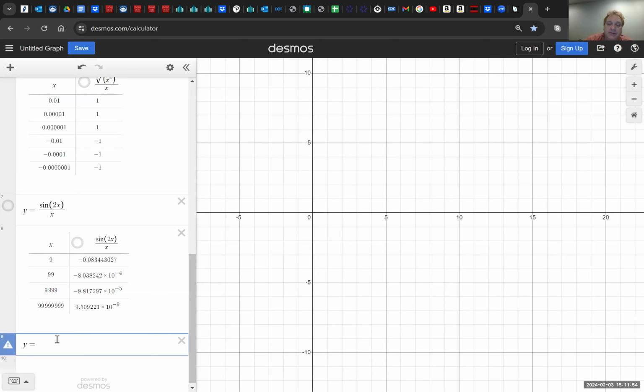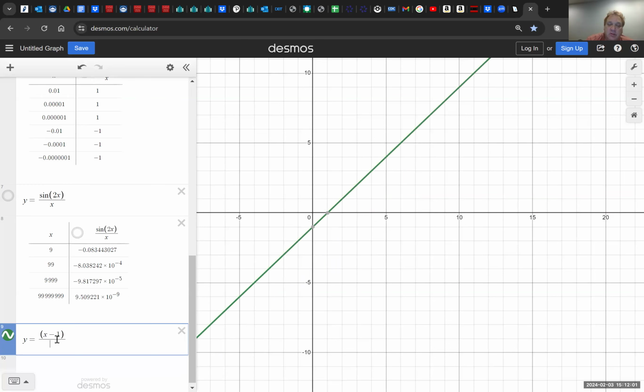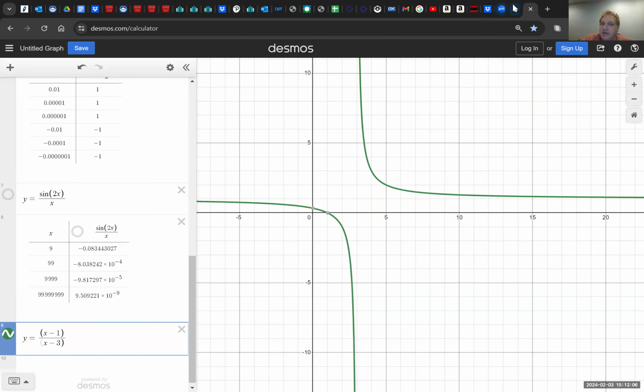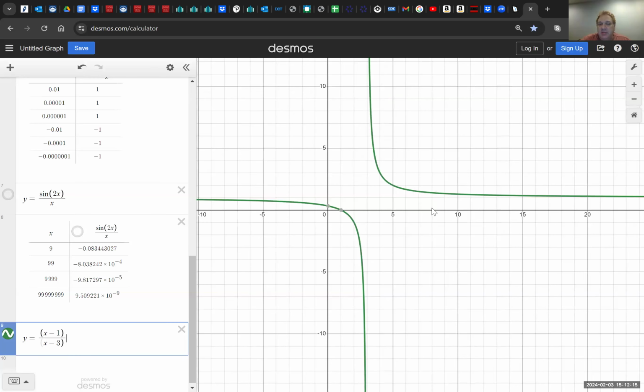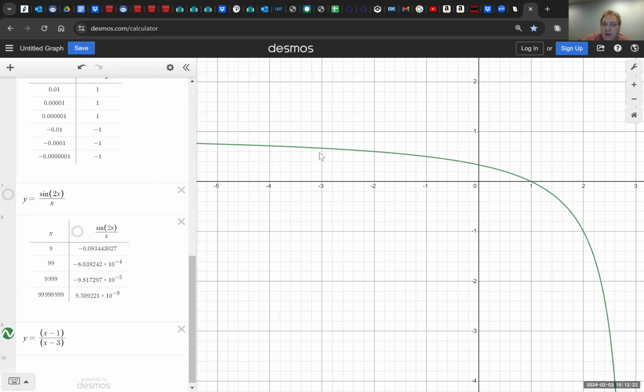Did I remember that correctly? Let me go back and check. x minus 1 over x minus 3. I'm trying to find out what happens when x is close to negative 3. Even though this is one of those hyperbola problems, I'm really only concerned with what happens when x is close to negative 3. There's negative 3, and you can see the function is continuous. It goes straight across here.